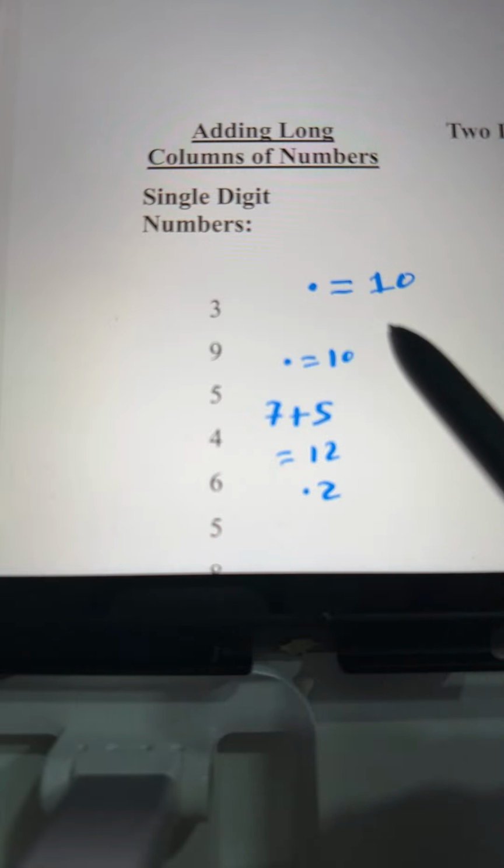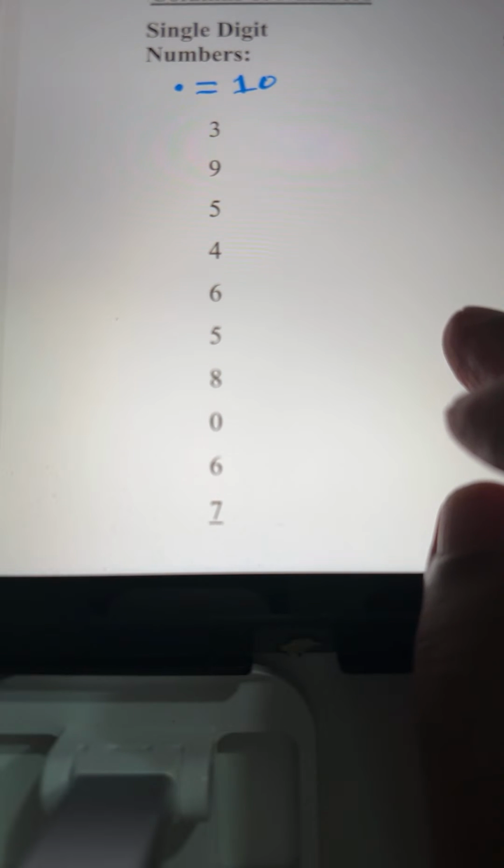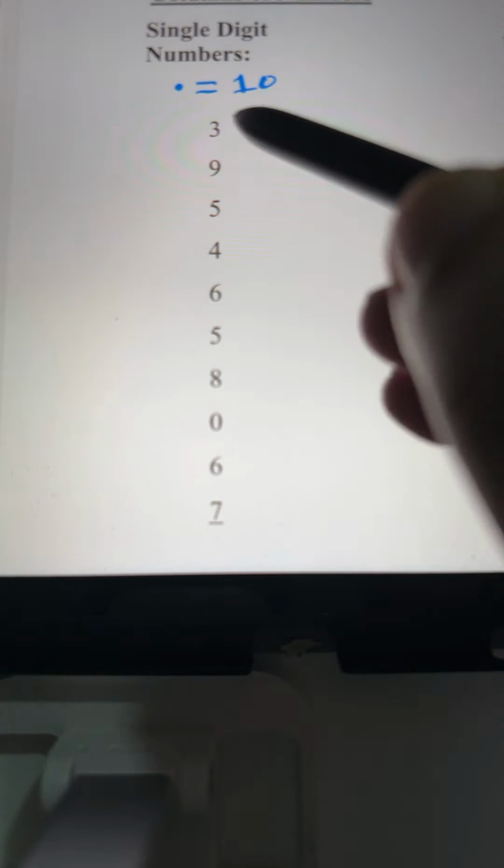That being said, let's bring it here. So just be with me. 3 plus 9 is 12, but from now onward, I will not say 12, I will say dot 2, right?